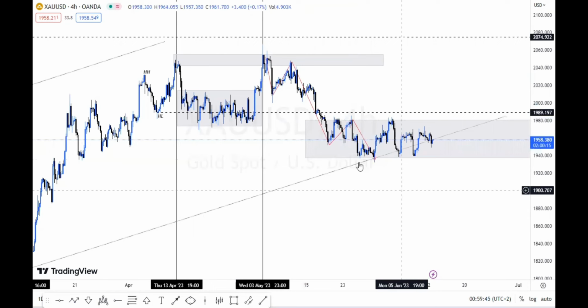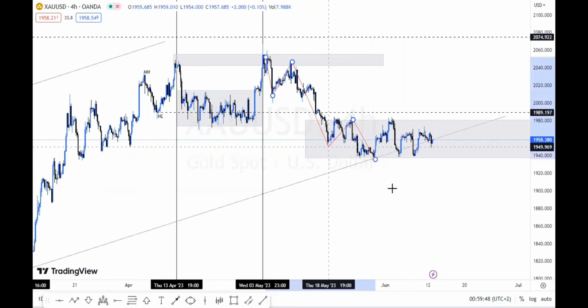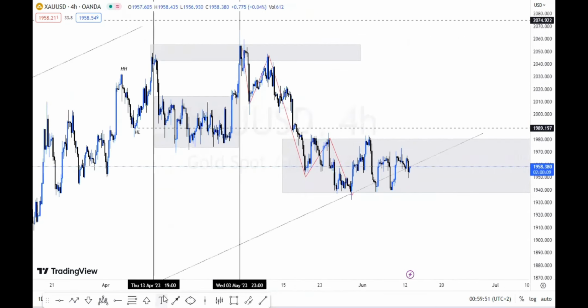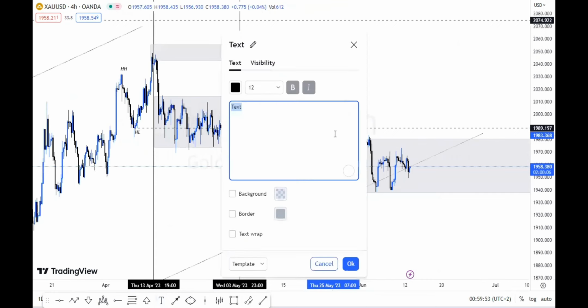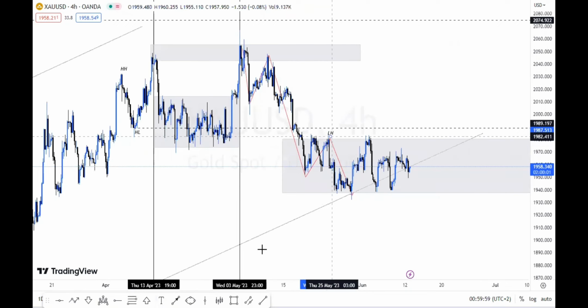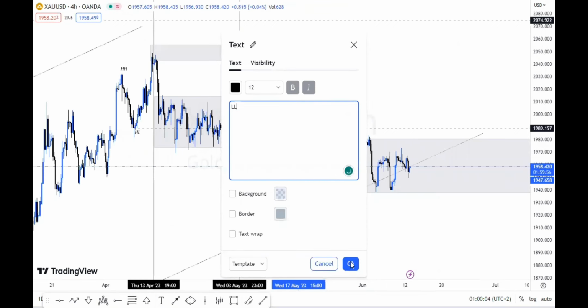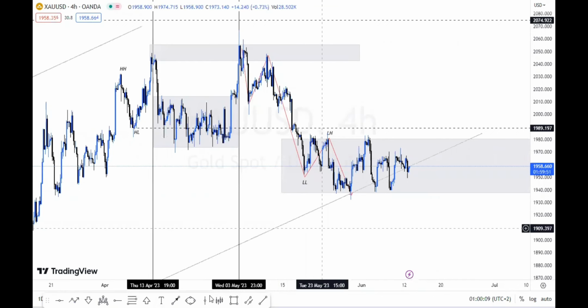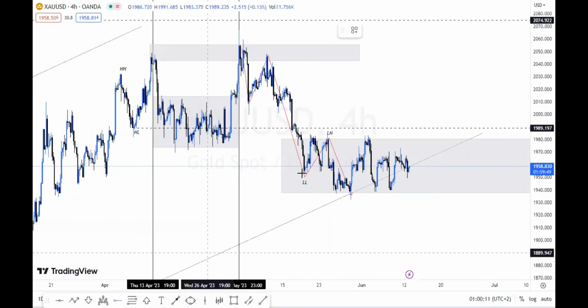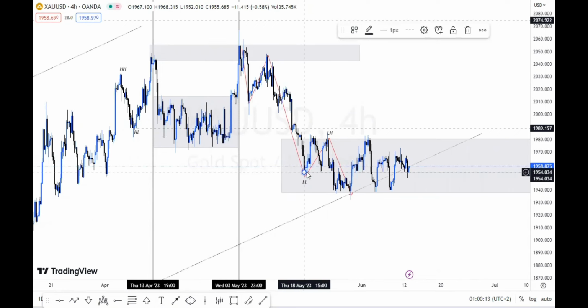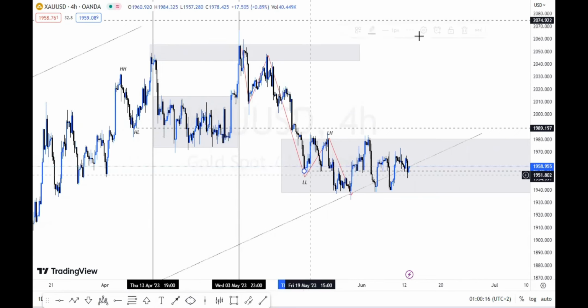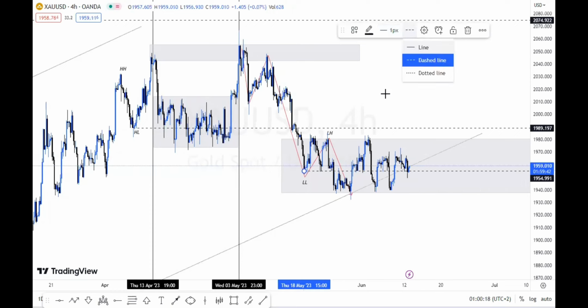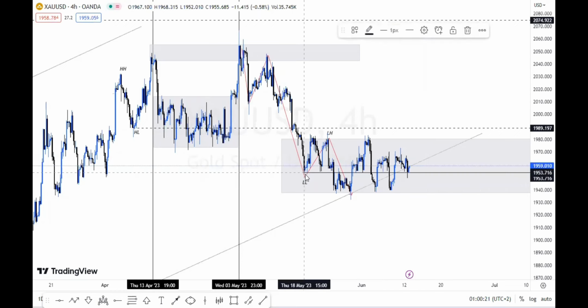So on the bearish side of things, we have our lower high right here. This is our most recent wave, and it's valid. Lower low, and this is what we have. And price broke down, I mean, broke below the lower low.